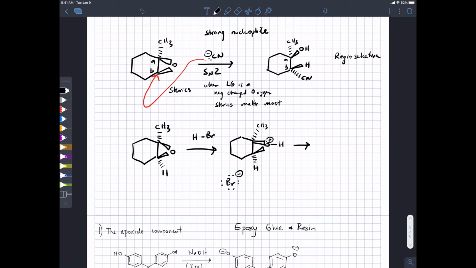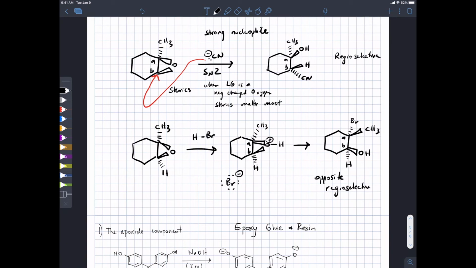Now, the interesting thing is that what we observe under these conditions is Br minus actually attacks the more substituted carbon A instead of less substituted carbon B. Opposite regioselectivity.